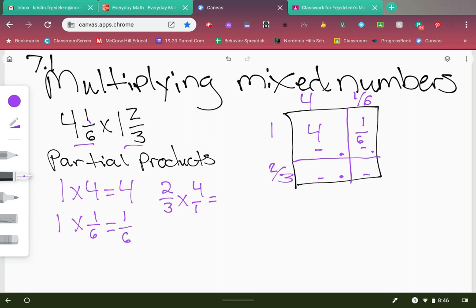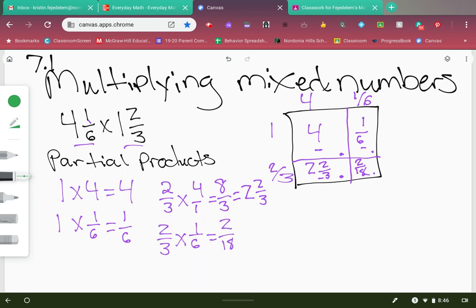I know I'm doing this, guys, but you should be solving along with me. 2 times 4 is going to be 8/3, or how many times is 3 going into 8? Let's see. 2 times with 2 left over. So we can also call it 2 2/3. And then our last box is 2/3 times 1/6, which is 2/18.